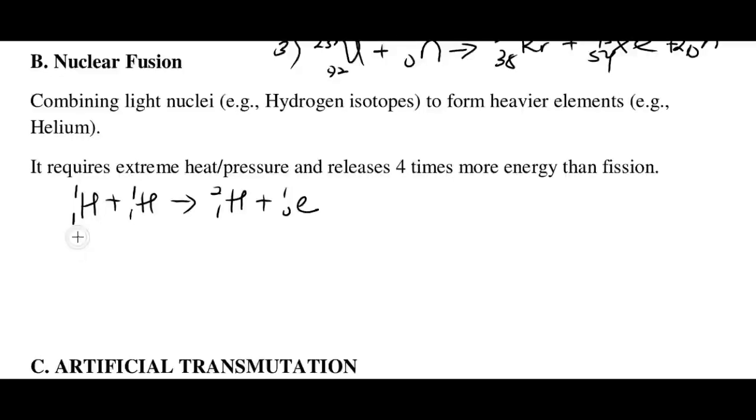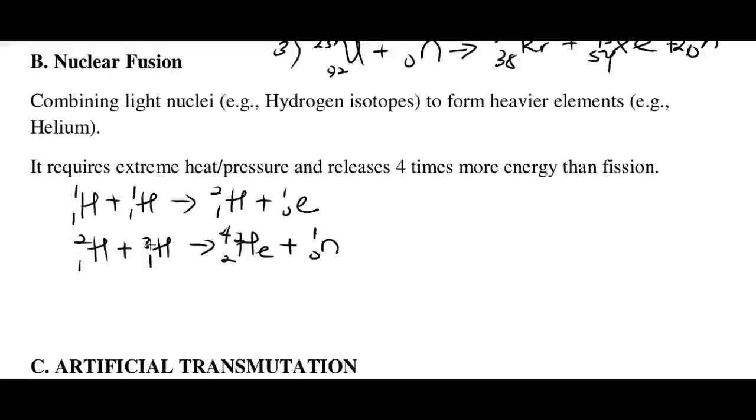Then we can also have deuterium and tritium. That's hydrogen with molar mass 3, all right? These 2 can form helium plus neutron, all right?